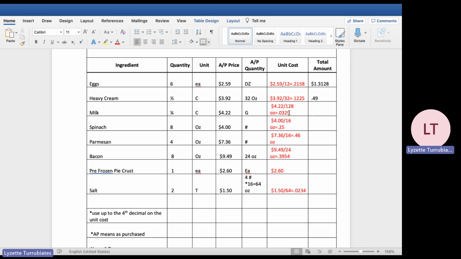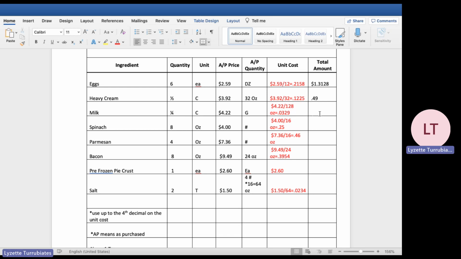With our milk, we're doing it by the ounce. So again, we're doing 0.0329. And now, since we're looking at ounces, we need to see how many ounces are in a 1/4 cup. So we know that if there were 4 ounces in a 1/2 cup, half of a 1/2 cup is a 1/4 cup. And so that would mean we have 2 ounces. So we're going to multiply that by 2.